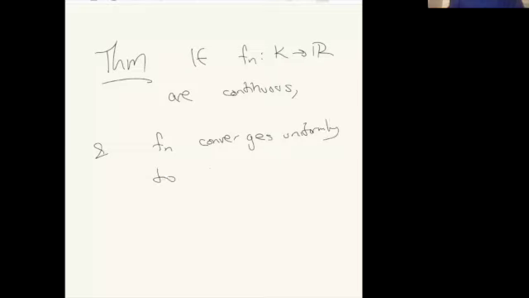If you have Fn from K to R, or to any metric space, that are continuous, and Fn converges uniformly to F from K to R, then F is also continuous. So uniform convergence does preserve continuity.